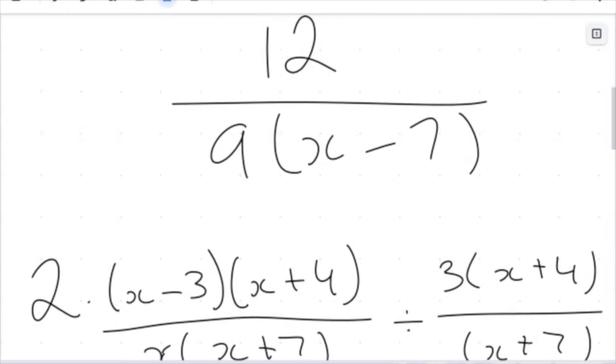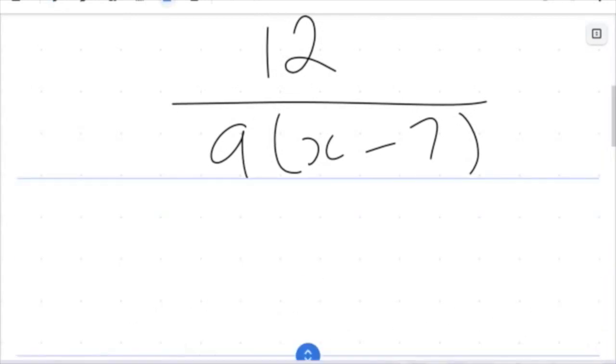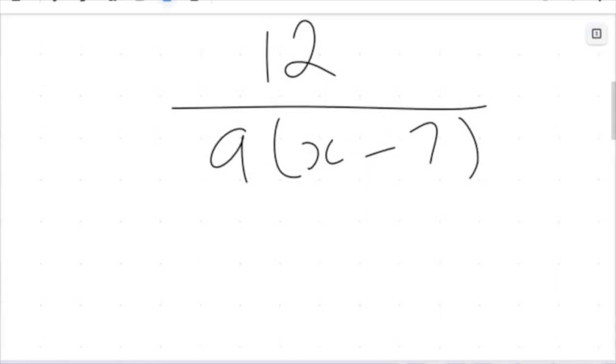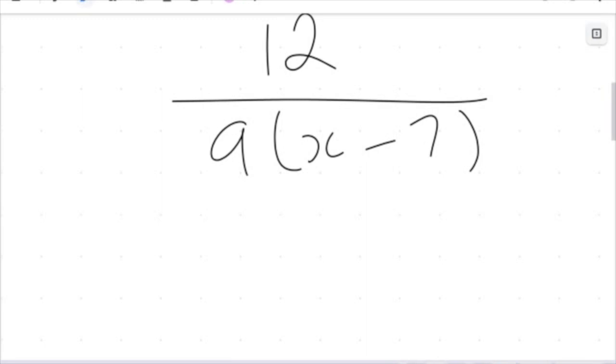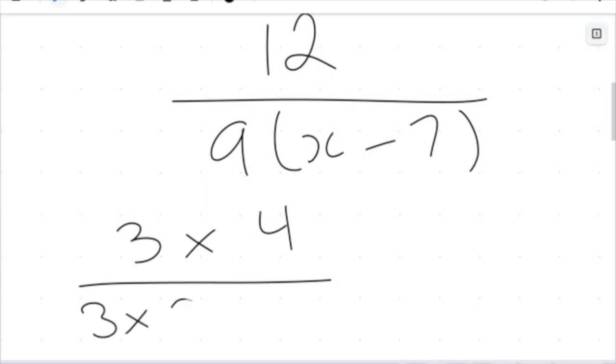And now all there's left to do is to think, well, can we simplify further? Well, I know that there is a number that goes into 9 and 12. So this is the number 3. So this I can almost write as 3 times 4 on top of 3 times 3 outside of x minus 7.